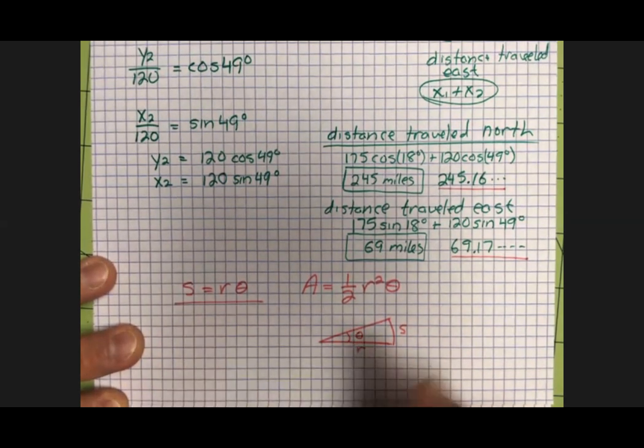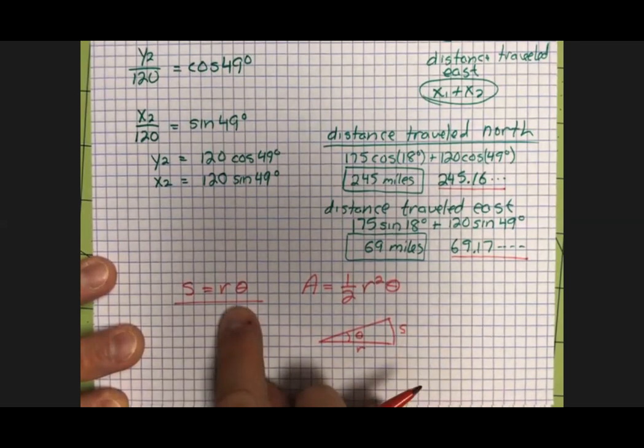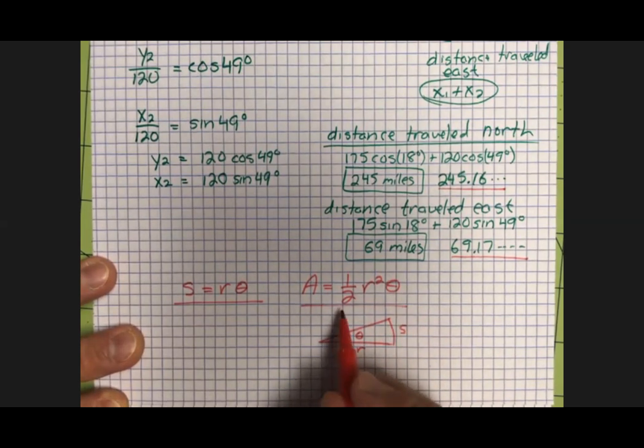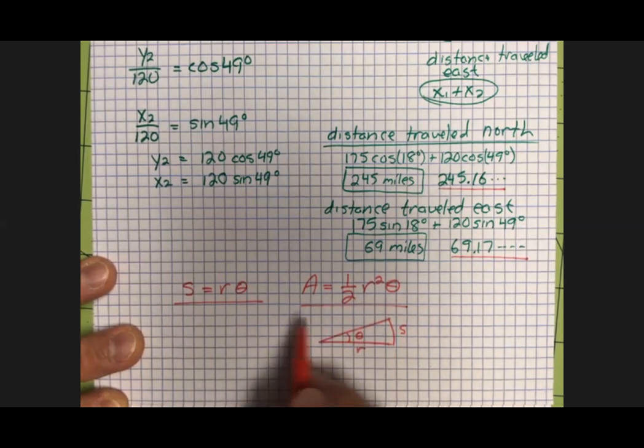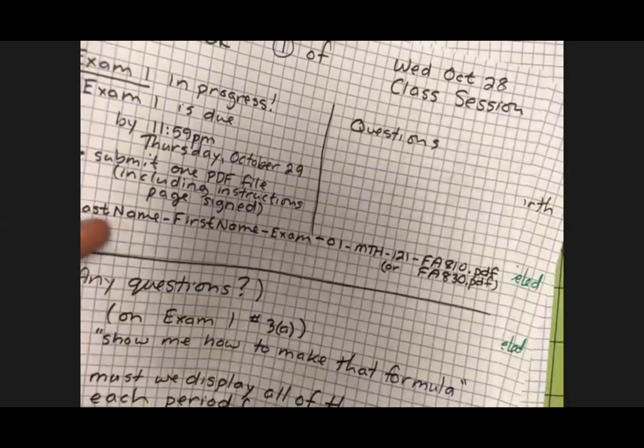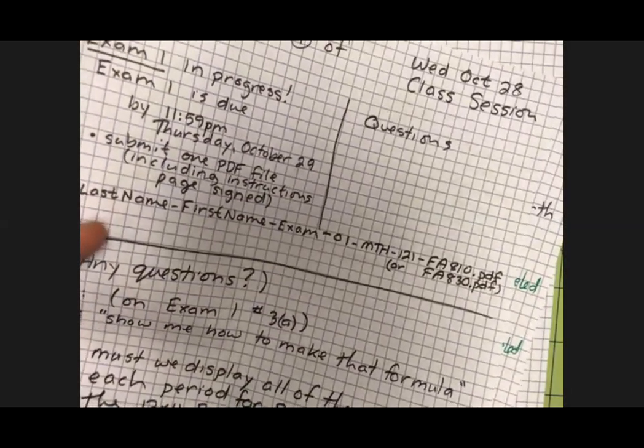So you can find any one of these if you're given the other 2. You can also find the area if you're given the R and the theta. I don't have that in front of me right now, but I will let you find that. It was problems like that from the book. But let's go and do the other one. If anybody knows exactly what section, if they have the book in front of them, I don't mind if you just throw that into the chat.